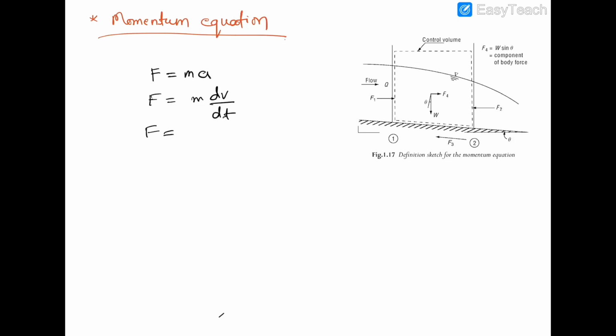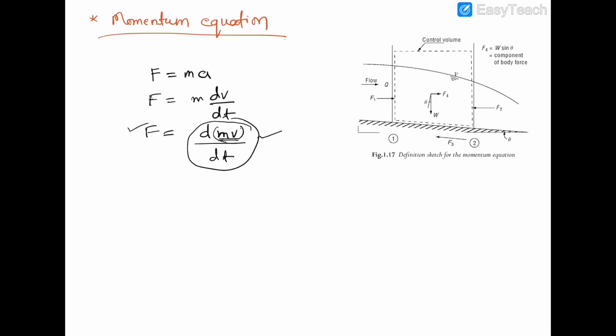The m we can keep inside the derivative term: F is equal to d(mv) divided by dt. So what does this term represent? mv is momentum, and d(mv) upon dt is the rate of change of momentum. So the total force acting on a fluid mass is equal to the rate of change of momentum. Clear?